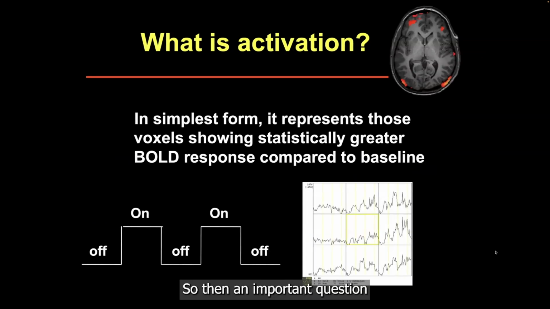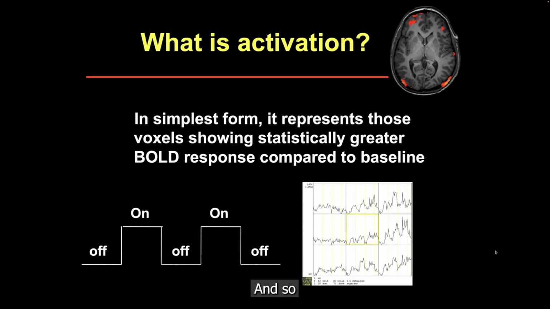So then an important question is, what is activation? If you look at any study using fMRI, these points of red here indicate more neural firing. How do we get that, right? And so in its simplest form, those areas of red, or those blobs, represent those voxels or areas showing more bold response compared to any baseline.